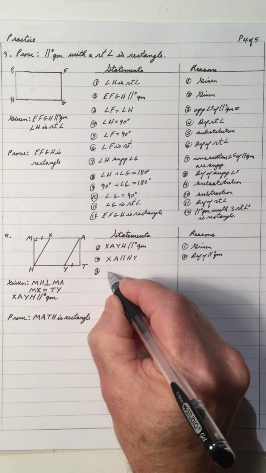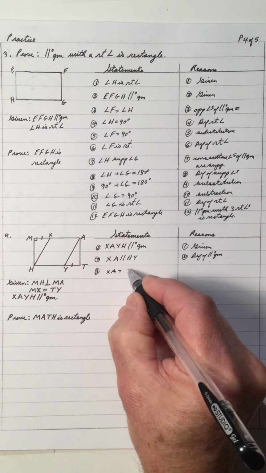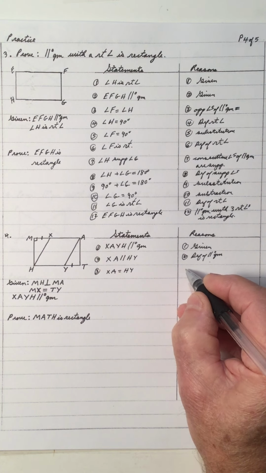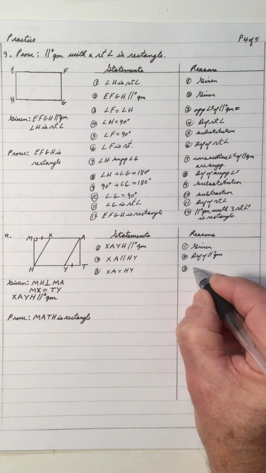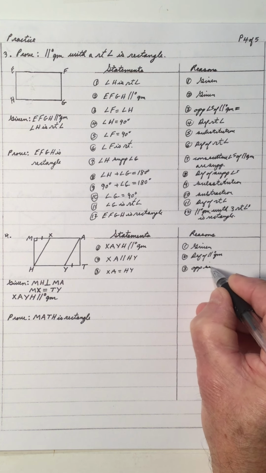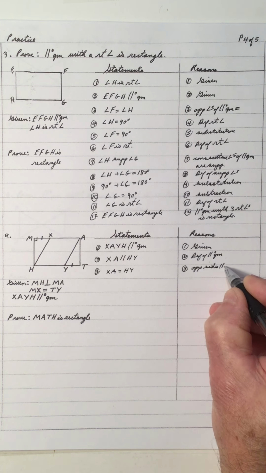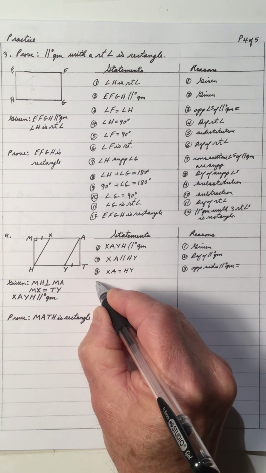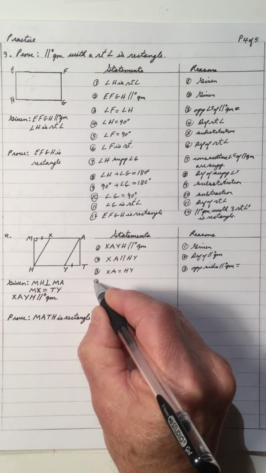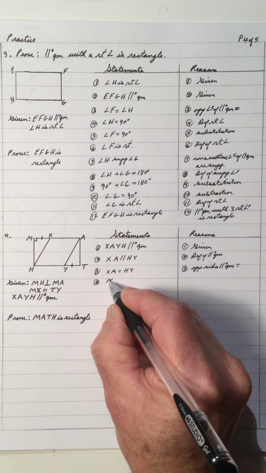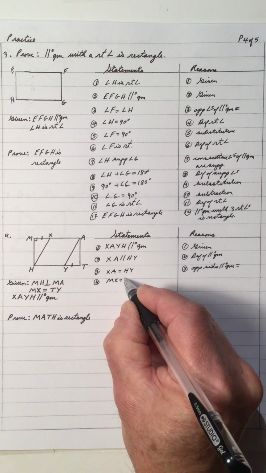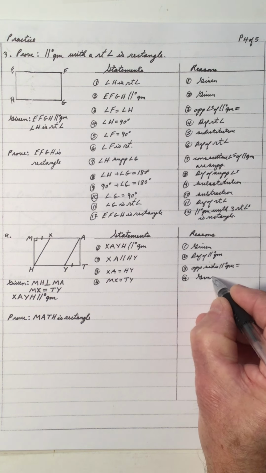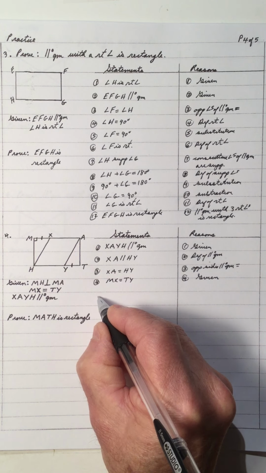And we have XA equal to HY because the opposite sides of a parallelogram are equal, and we have MX equals TY, given.